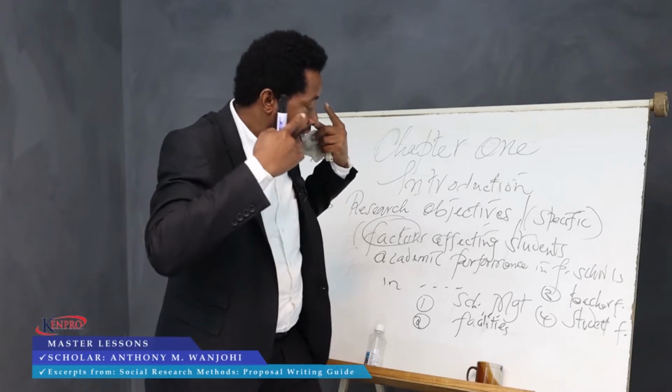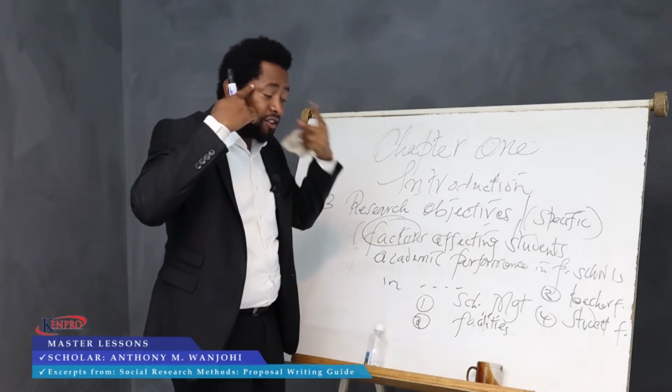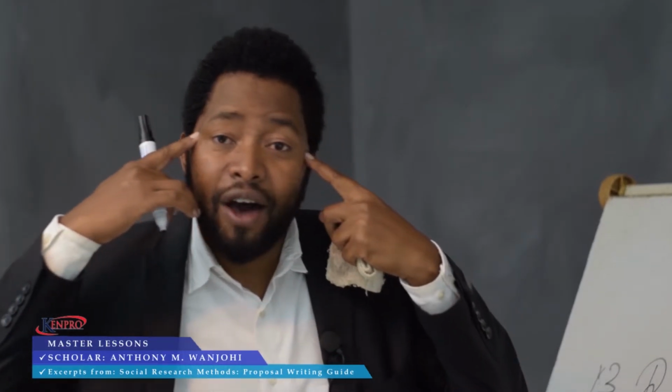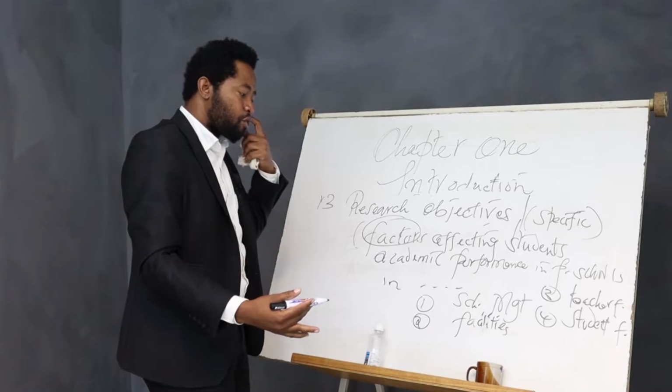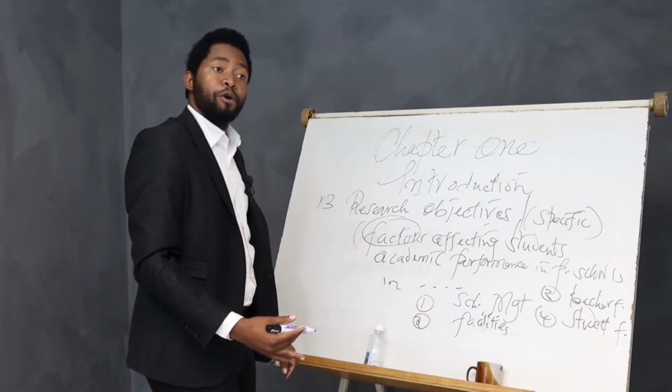Then you want to examine to what extent such factors affect students' academic performance. That is how you arrive at the key concepts that guide your entire study. This may come as a result of your reading or your experience. And therefore you theorize them and you want to examine to what extent they affect students' academic performance.